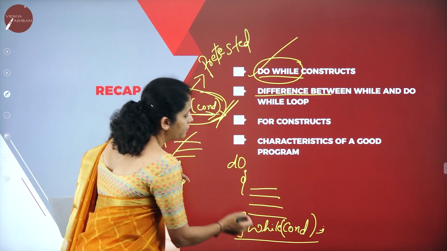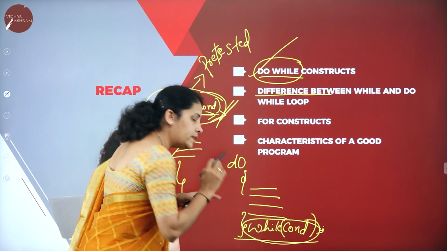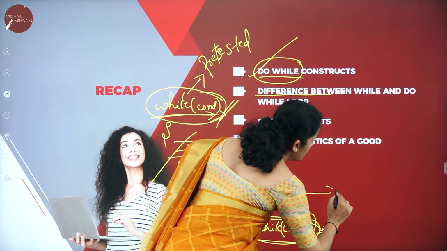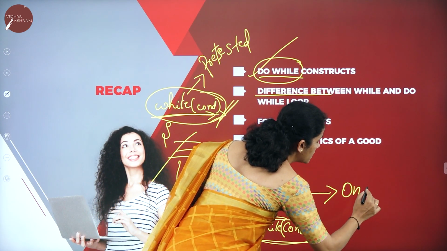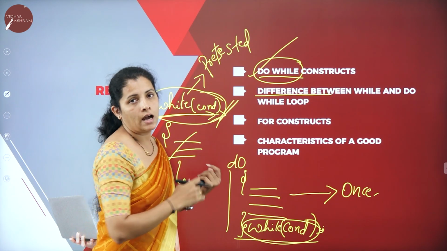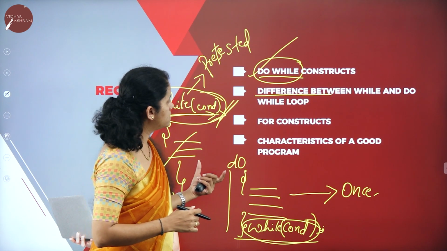Whereas if the condition is false, the do-while statement is still going to execute once. So these are the differences between the while construct and the do-while construct.